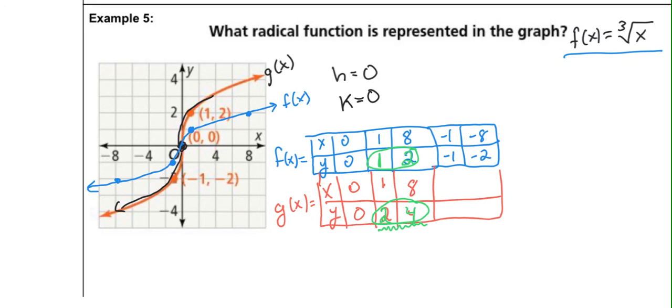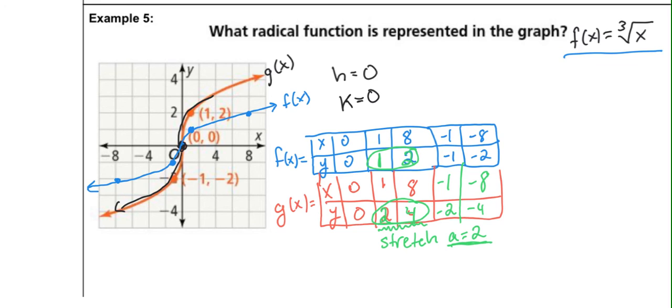So that means we are stretched, a equals 2. And we can see the other ones if we kept going: -1 should be at -2, which it is because -1 times 2 is -2, and -8 should be at -4, which it is on that g of x function. So this is our stretch.